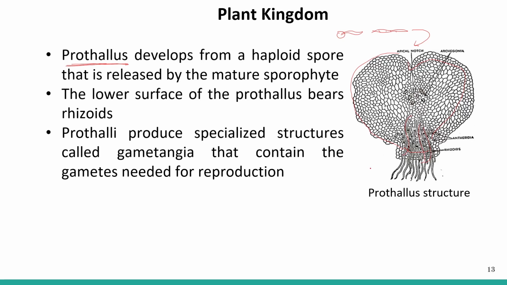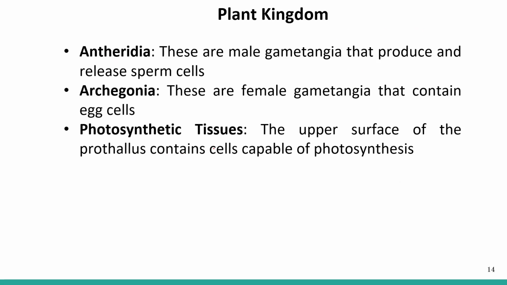Prothalli produce specialized structures called gametangia. This is very important. Gametangia are present on the lower or ventral surface of the thallus. Antheridia are the male gametangia that produce and release sperm. If I draw the thallus-like structure again, here are the rhizoids, and here some antheridia are present that give rise to sperms.